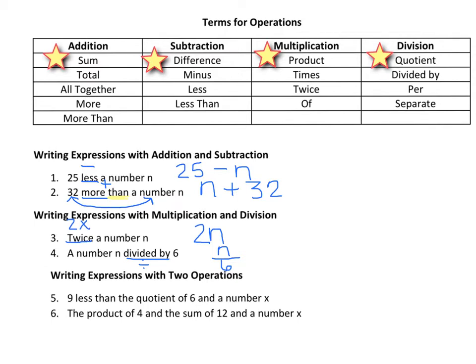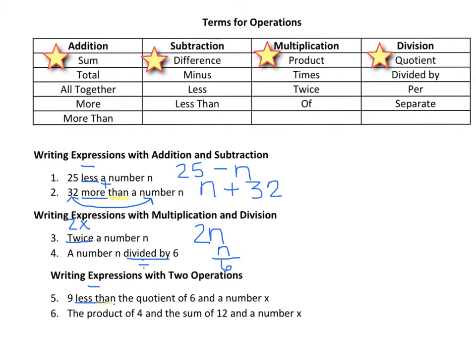Now we're going to write expressions with two operations. Number 5. 9 less than the quotient of 6 and a number x. The first operation that we see is less than. We know that that's subtraction. We also see our magic word then.